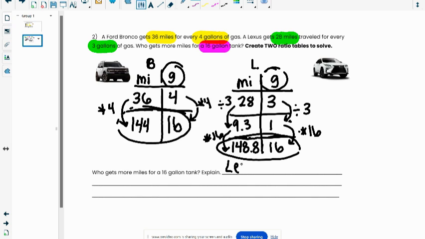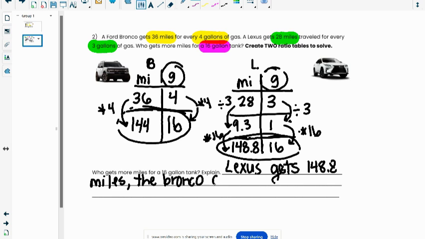A Lexus gets, sorry, my pen keeps glitching out, gets 148.8 miles. The Bronco gets 144.